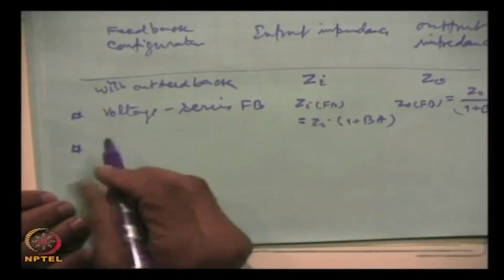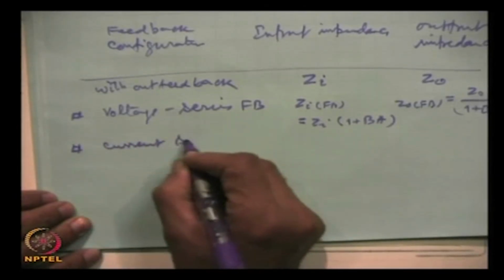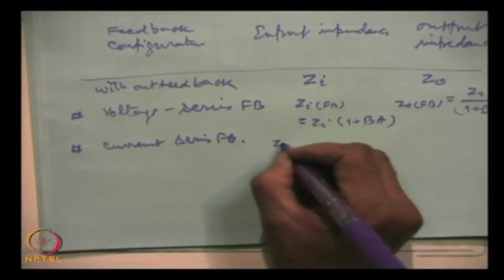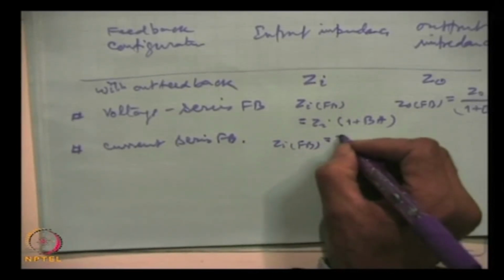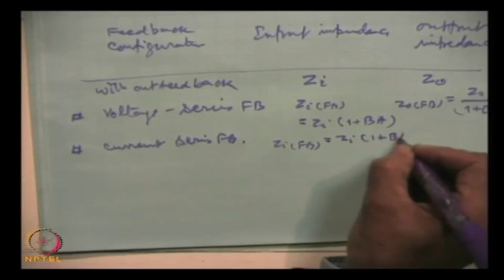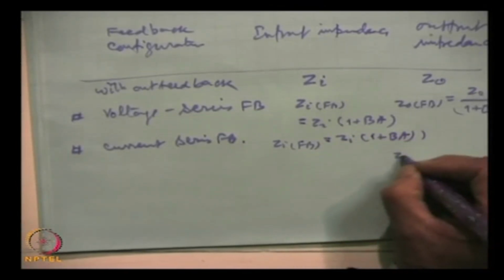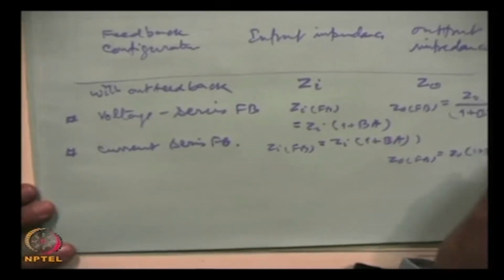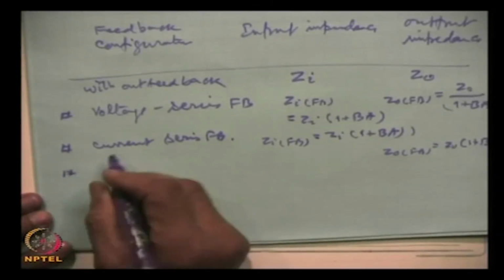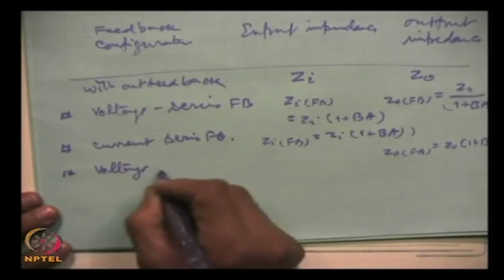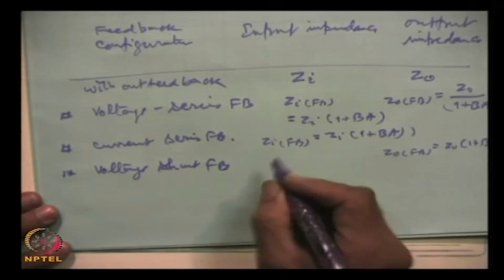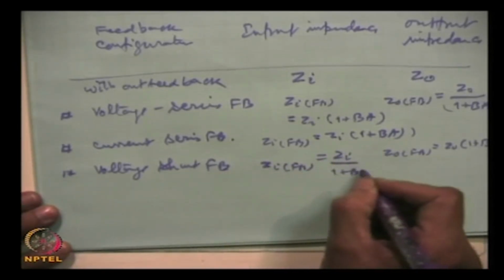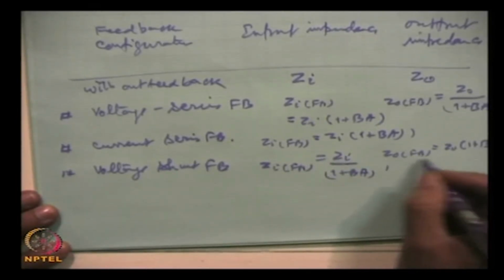For current series feedback, both increase: Z I F B becomes Z I times 1 plus B A, and similarly the output Z 0 F B equals Z 0 into 1 plus B A. For voltage shunt feedback, the input impedance is reduced, Z I divided by 1 plus B A, and the output impedance is also reduced.